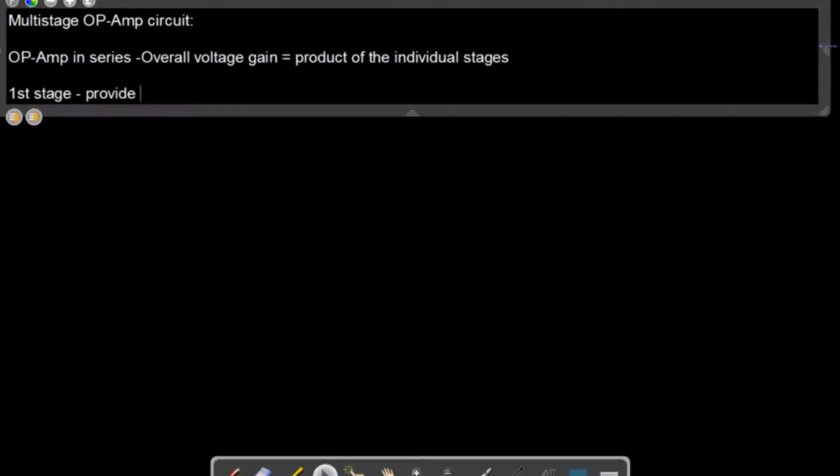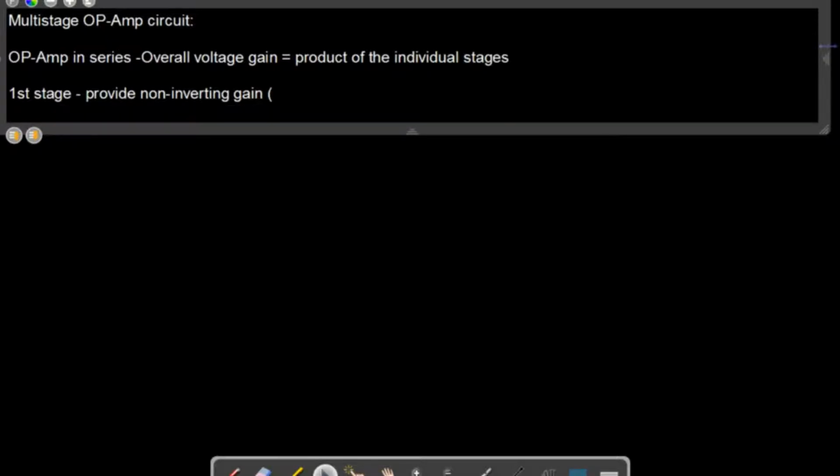So it's going to provide you a non-inverting gain, and we already know what the gain is; we're going to write it down later. Let's say we have another stage, the second stage, which provides an inverting gain.